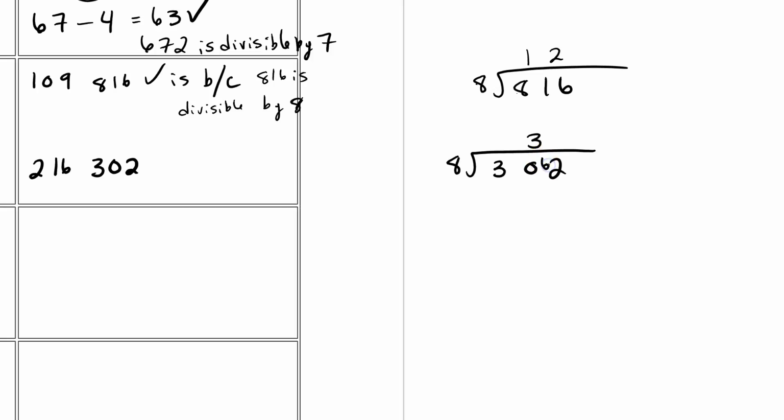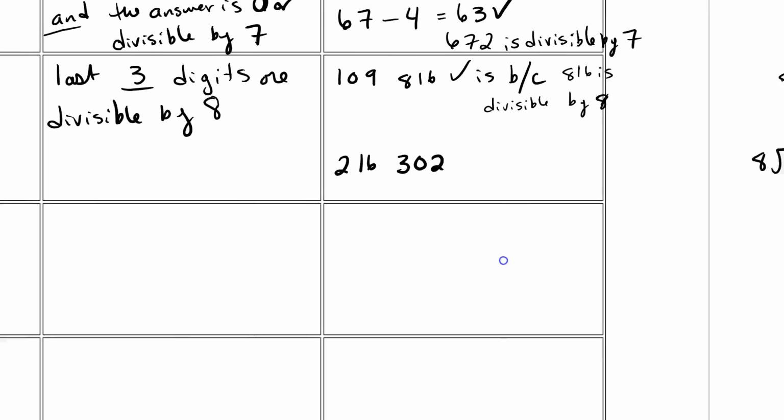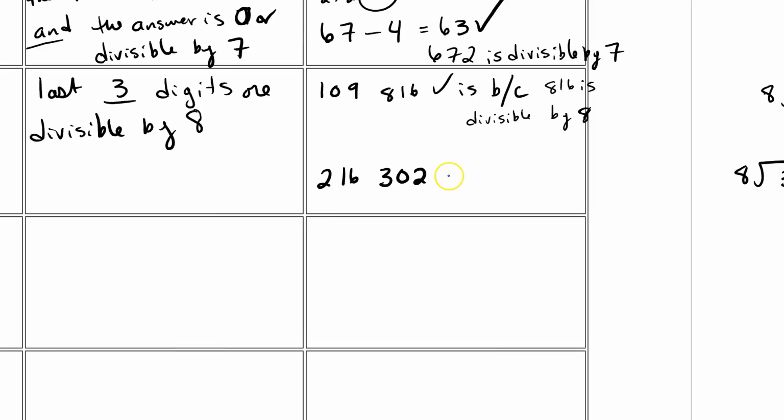So I put it here. 8 goes into 62, but it doesn't go into it evenly because 8 times 8 is 64. So we know that it's 8 times 7, and it's a remainder of 6. So no, it is not divisible by 8, because 302 is not divisible by 8.